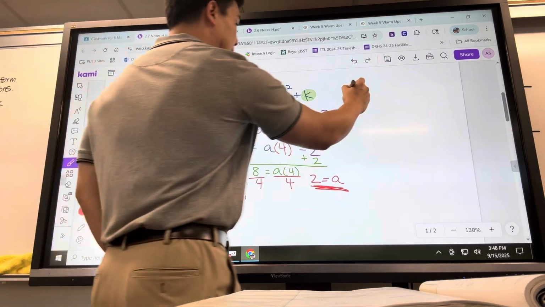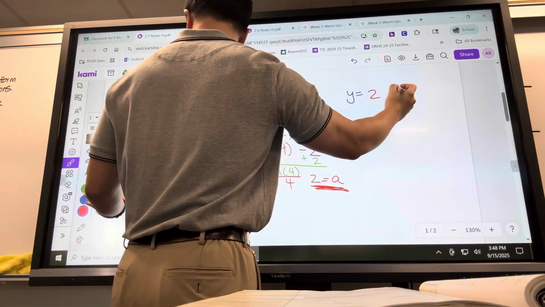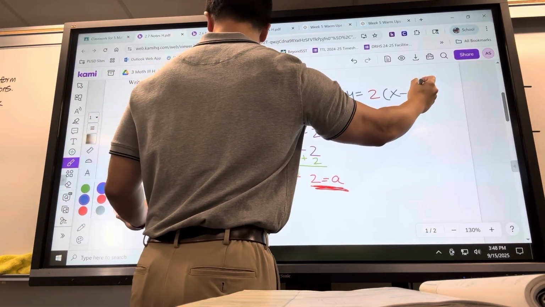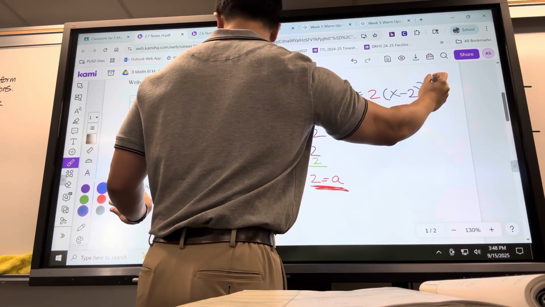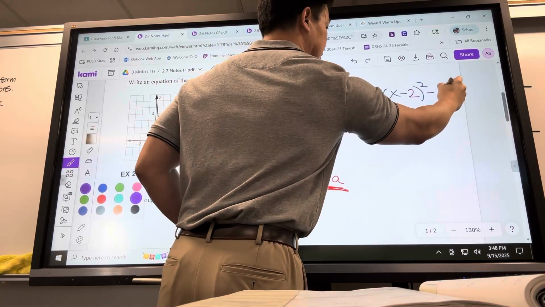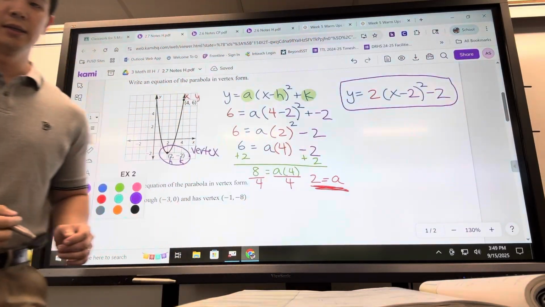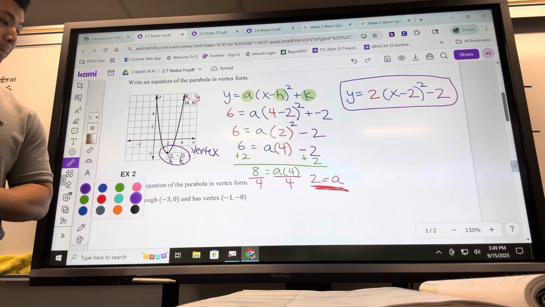So our equation would read as y equals, my a value is 2, I have x minus h, which is also 2, and we have our minus 2 as our k value. Sorry that these are all 2's, but that ends up being our final answer, our final equation.